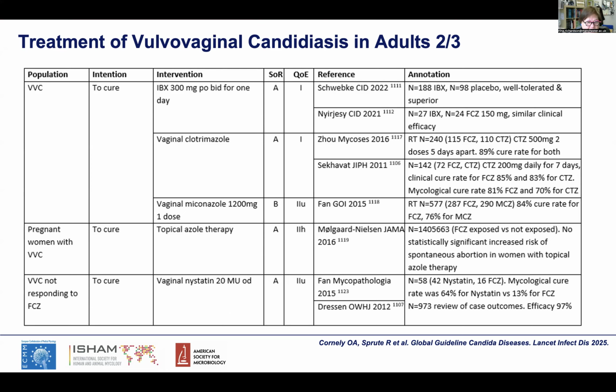Topical azoles are at risk of pregnancy. The alternative for fluconazole-resistant infection is definitely vaginal nystatin. That's safe to use in pregnancy and at risk of pregnancy.